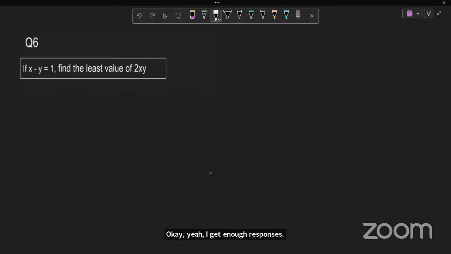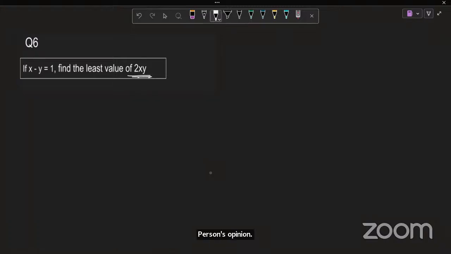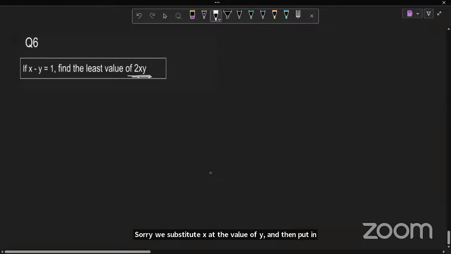You have to find the least value of this, right? So how to find the least value? Simply put the value into x and y in the question. Sir, we substitute x in terms of y, put it in 2xy, and after the quadratic equation we find the minimum.